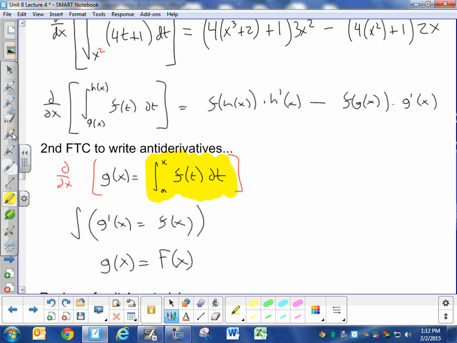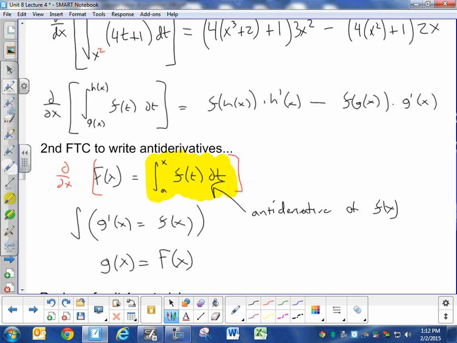I could take g and actually replace it with big F if I wanted to. This accumulation function is another way to write the antiderivative of f. Of course, I'd have plus c's here, but don't worry about that.